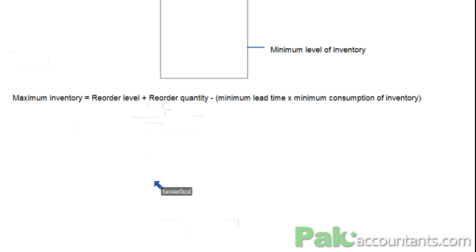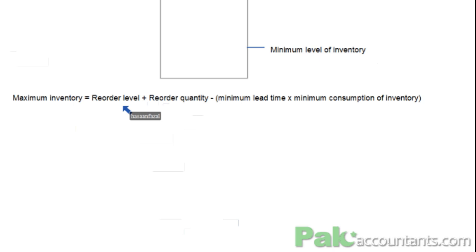So reorder level is the amount of inventory you already have with you and have placed a new order for, plus the reorder quantity, the new order that you have placed, minus minimum lead time. Lead time is simply the time taken by the supplier to dispatch an order to you. I mean, the time between you placing an order and the order reaching you is lead time.